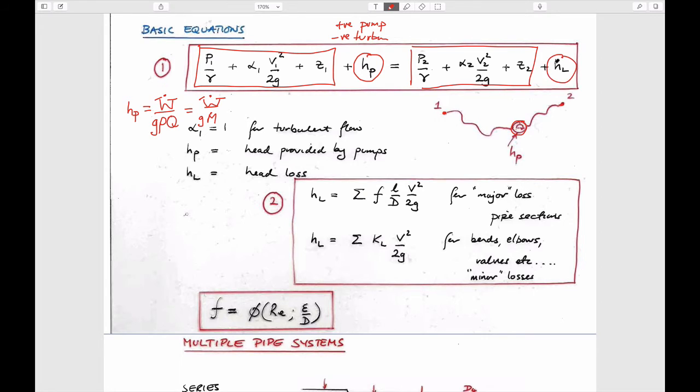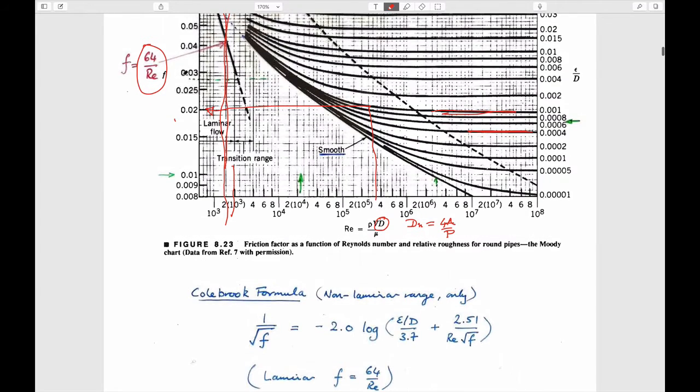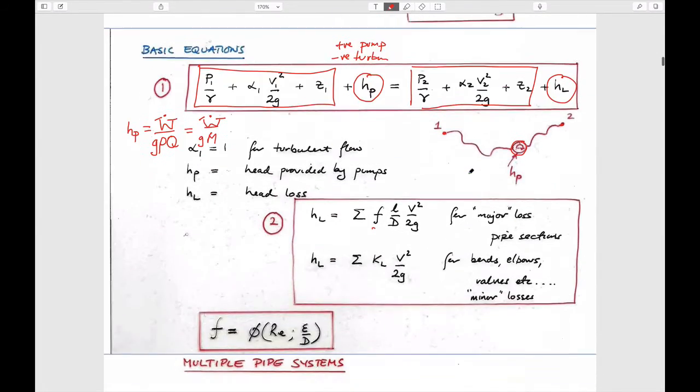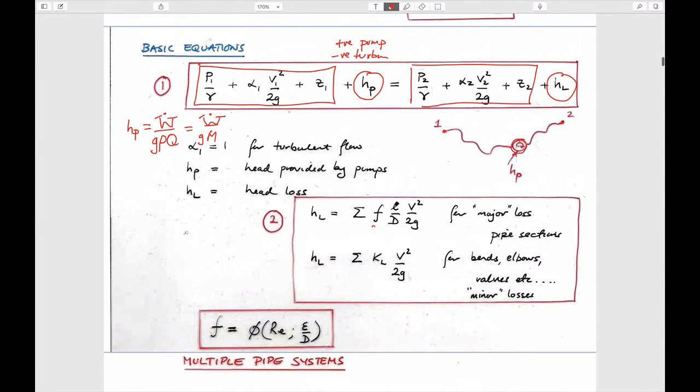And the head losses in the system come from either the major losses, which are incrementally small but sum to a large number, a friction factor from the Moody chart, either laminar, where it varies with Reynolds number, or turbulent, where it doesn't vary with Reynolds number and is constant, and length of the pipe, diameter of the pipe, velocity in the pipe. Not the velocities that are upstream or downstream, but the velocity actually in the pipe or the fitting.